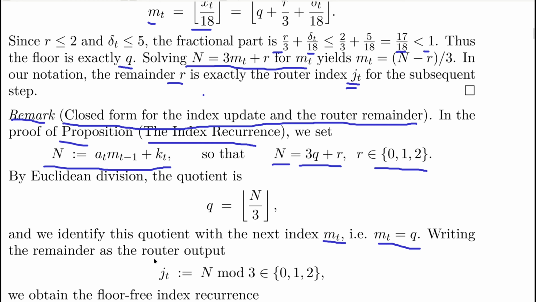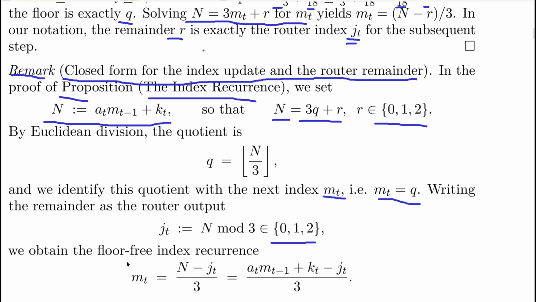Writing the remainder as the router output, jt is defined as n mod 3, which is any one of 0, 1, and 2. We obtain the floor-free index recurrence. So mt is equal to, without using the floor, n minus jt over 3, which is equal to at mt minus 1 plus kt minus jt all over 3.